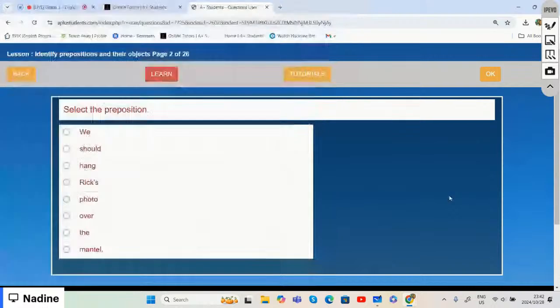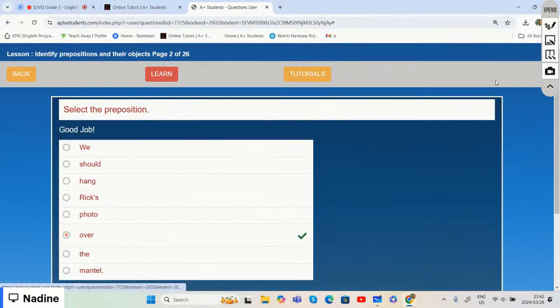If we were to select the correct option, we would say option 6, over, is correct. Well done.